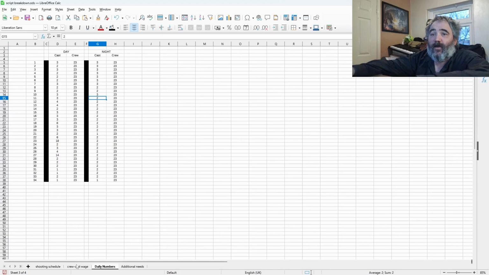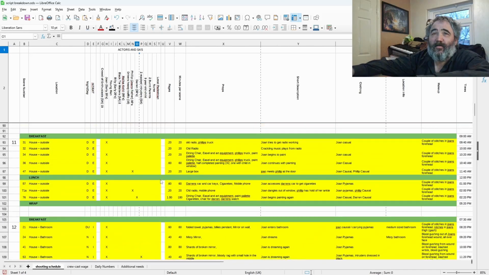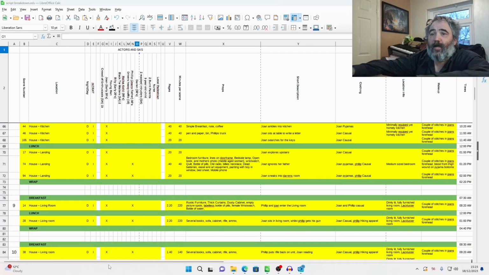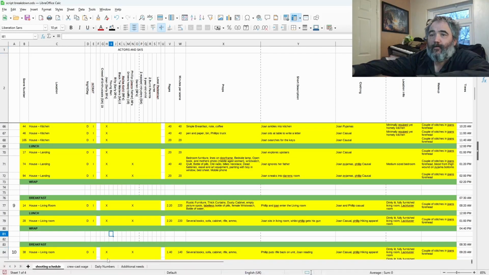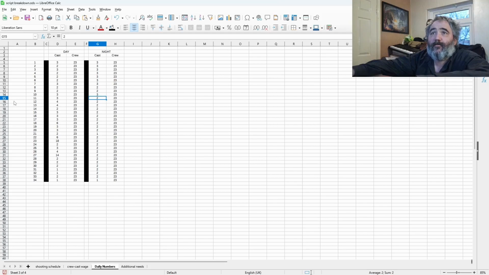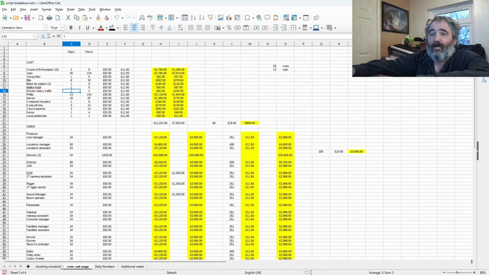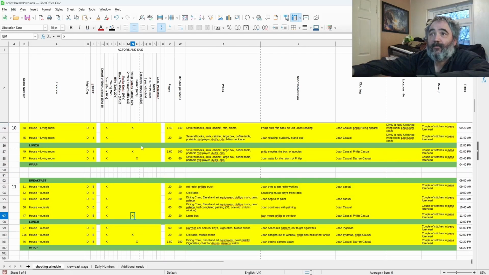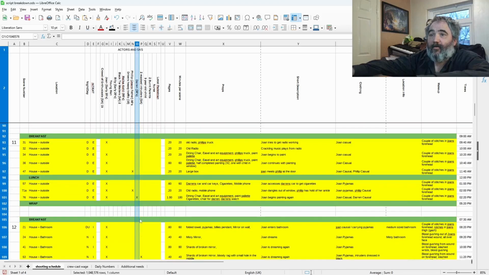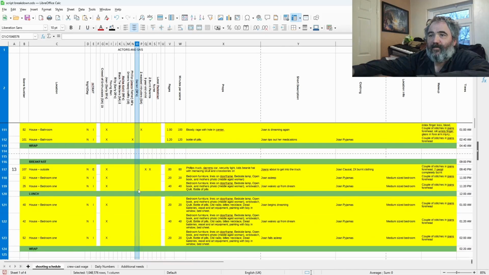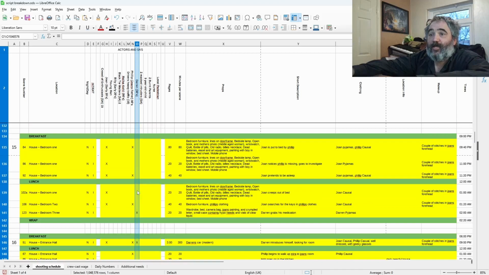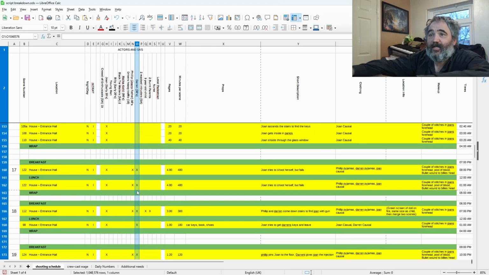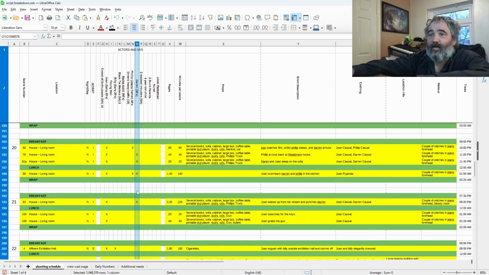So, hang on. Work this out. Where is he? Where am I at? Daily numbers, right. 11 was the last one I put him in, I think. 10, 11. That's when he's in. Darren. Right. So 12, 13 and 14 he's not in. So he's back on the 15, 16, 17, 18, 19, 20, 21.